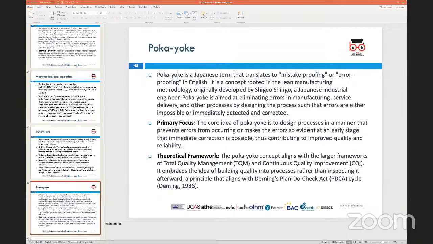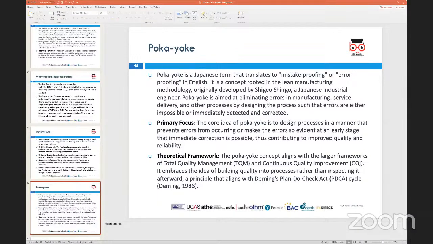Now, this concept is rooted in lean manufacturing methodology, and originally was developed by the Japanese engineer Shingo. And he created this term, which is Poka-yoke, because he wanted to eliminate any errors that could happen in manufacturing, in service delivery businesses, or other processes in which you are looking at the processes and product quality being prone to defects or errors happening.